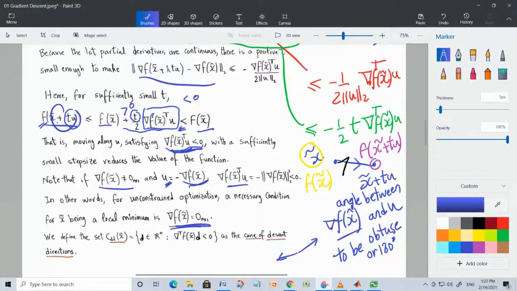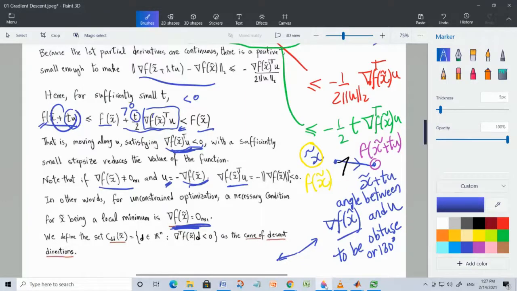We already know this from previous lectures: basically a necessary condition for a local minimum or local optimal, generally speaking. Here we focus on minimizing functions, as a matter of convention, but we can also maximize functions. For unconstrained optimization, we require the gradient vector to be the all zero vector.